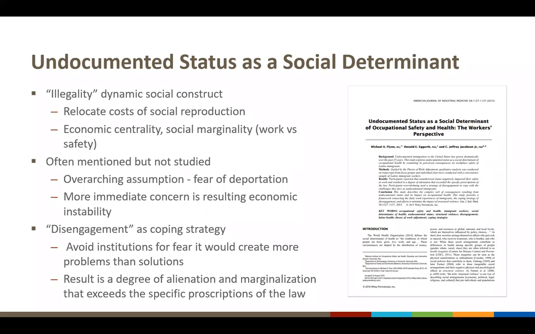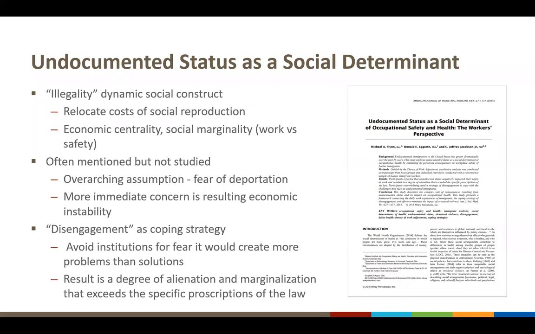And one way the workers dealt with this is what we call a coping strategy of disengagement. Basically, it was a way of avoiding institutions that may be able to help workers, such as OSHA, for fear that it would create more problems than solutions. And this resulted in a degree of alienation and marginalization for these workers that exceeds the specific prescriptions of the law.